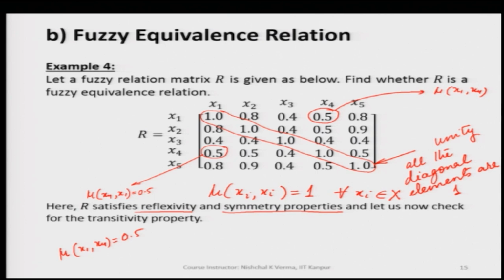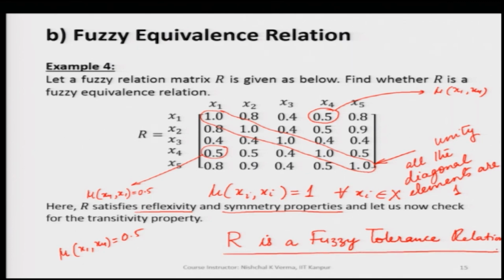So, here we can also make a comment that R is a fuzzy tolerance relation, because both the properties are satisfied, the reflexivity and symmetry.